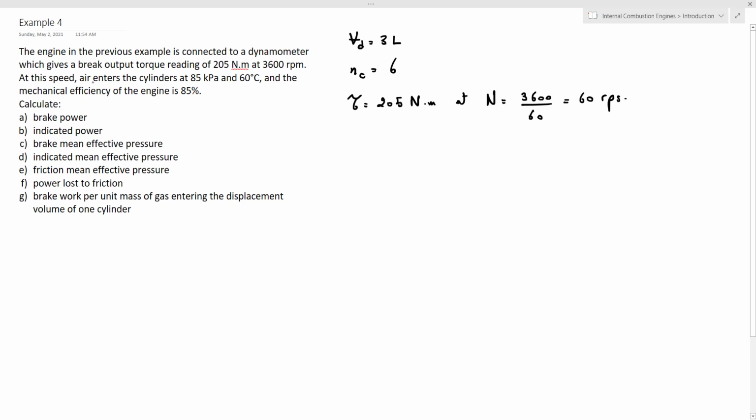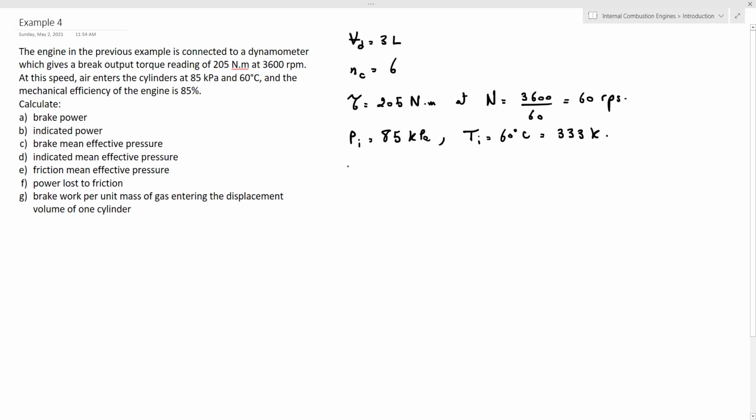Now at this speed, air will enter the cylinders at 85 kilopascal and a temperature of 60 degrees Celsius. So the intake pressure is equal to 85 kilopascal and the intake temperature will be equal to 60 degrees Celsius, which is of course equivalent to 333 Kelvin.